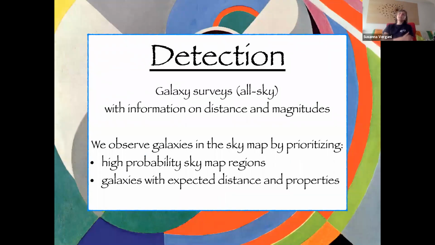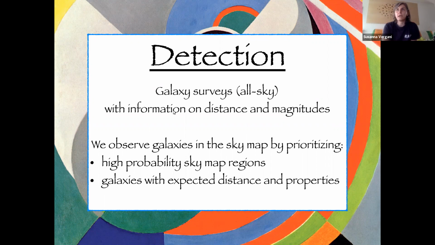So to go and detect the host galaxy, I will use galaxy surveys. Galaxy surveys are surveys that have been performed in the past and that observe the galaxies in the sky or in a fraction of the area of the sky. And I will select galaxy surveys with information on the distance of the galaxies and on their magnitudes, okay?